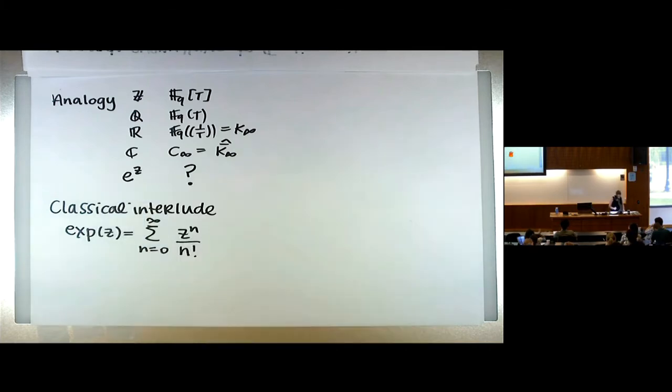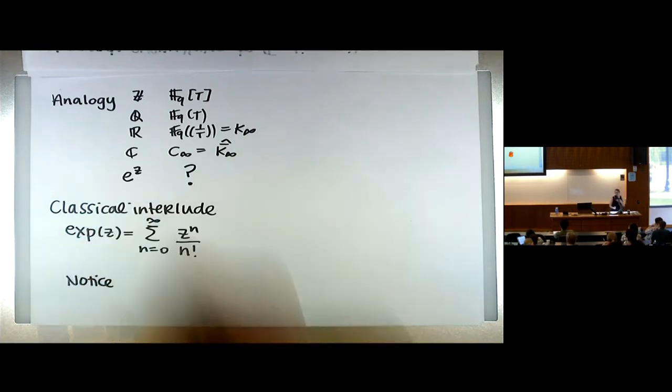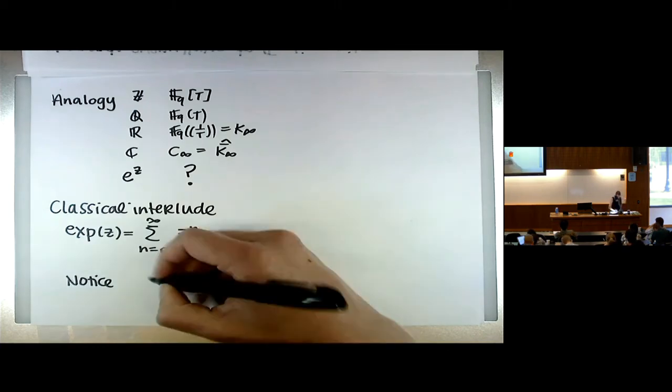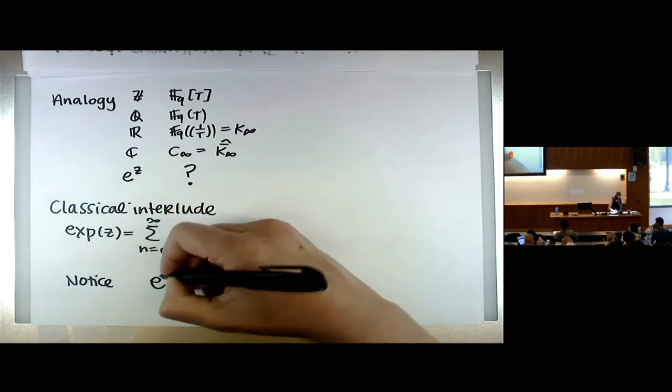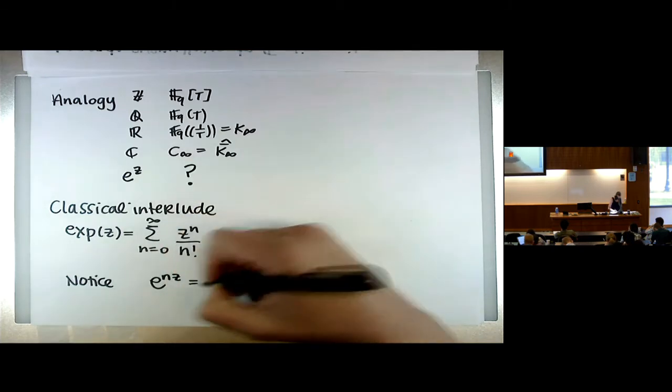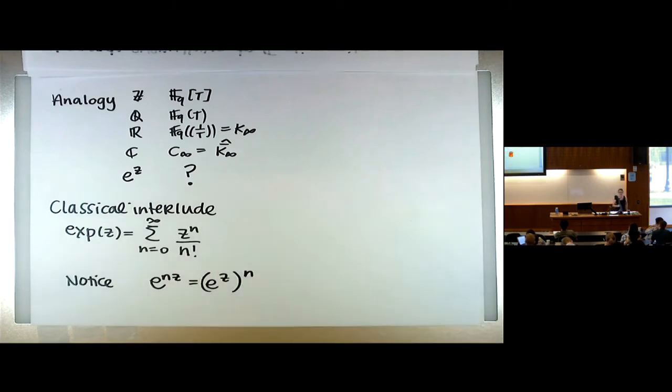And you hopefully have noticed by now as a mathematician that, and now I'm going to go back to the e to the z notation for a second, e to the nz is e to the z to the n. If you've been a TA, then you try to pound that into your students' heads.